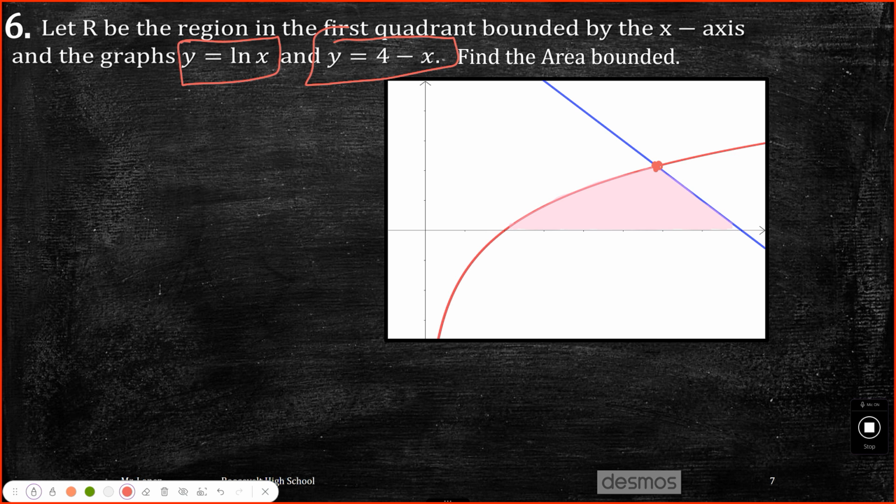How do you move things around? What are you guys getting for that intersection point? Is it 2.9? Yeah, 2.926. So 2.92627. All right, so that's x.